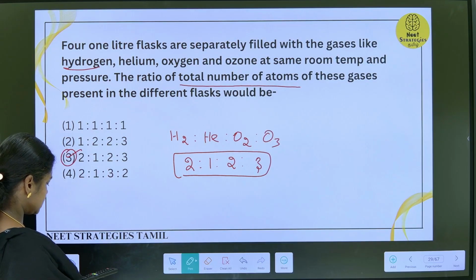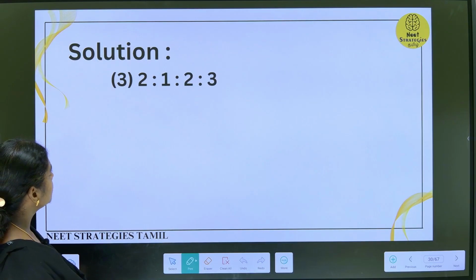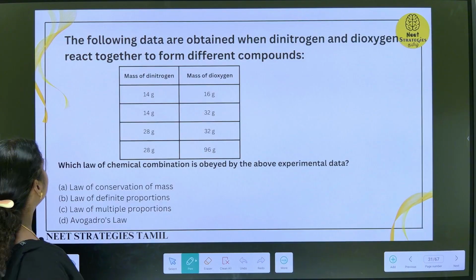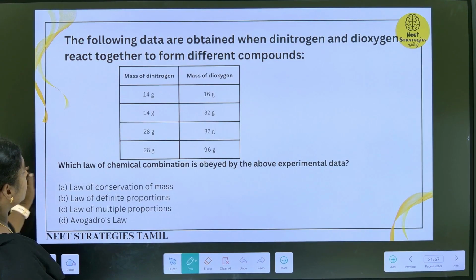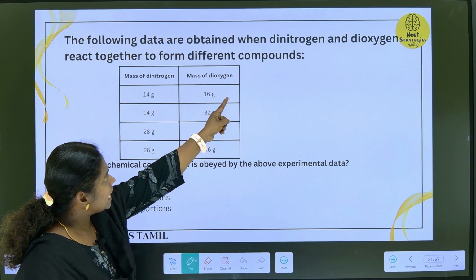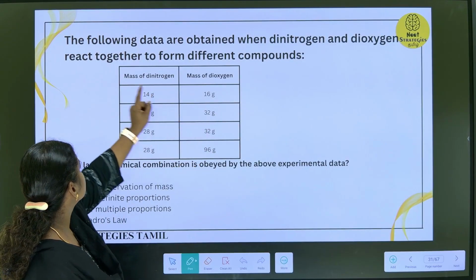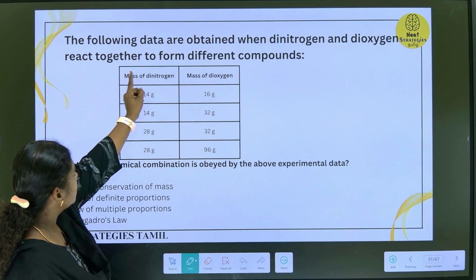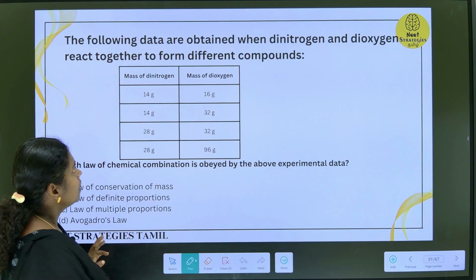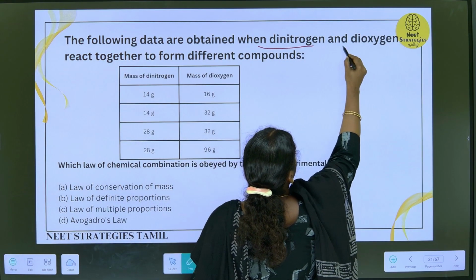Okay, next one. The following data are obtained when dinitrogen and dioxygen react together to form different compositions. Dinitrogen and dioxygen.